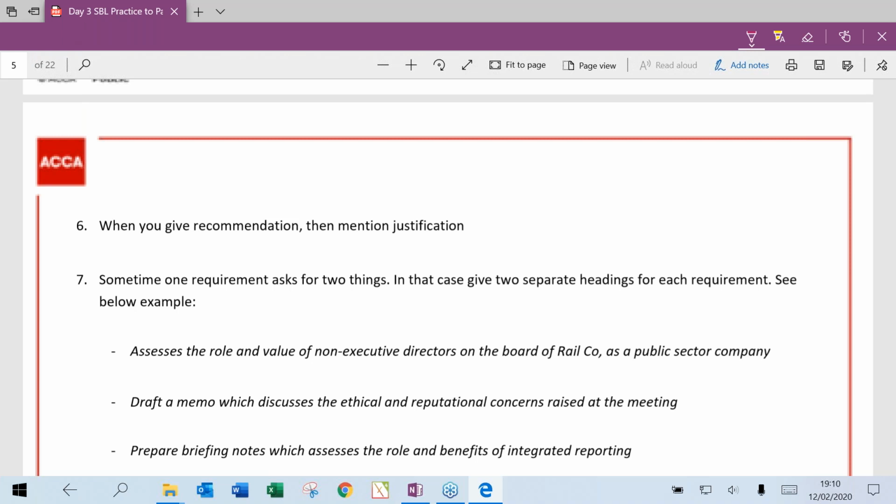So whenever a recommendation is specifically required in a question, we will give our recommendation, but write a few lines supporting our recommendation, why we are saying what we are saying. Okay.